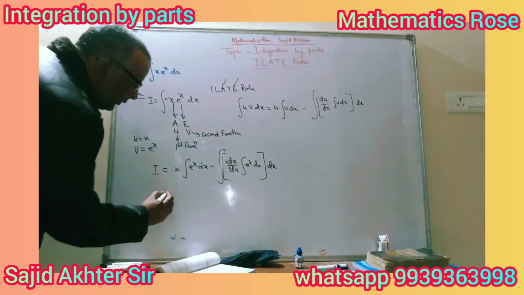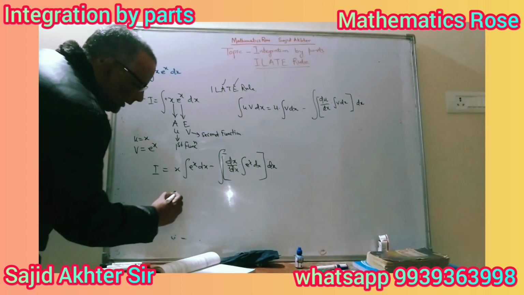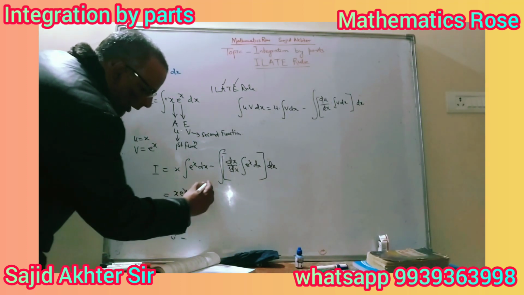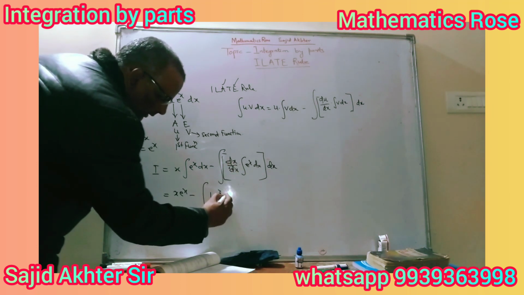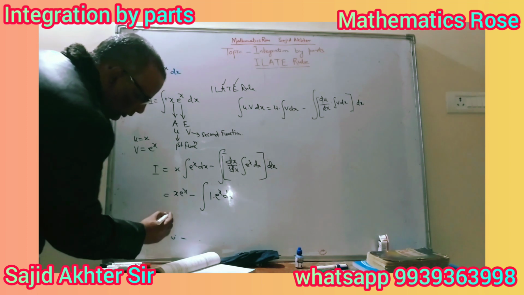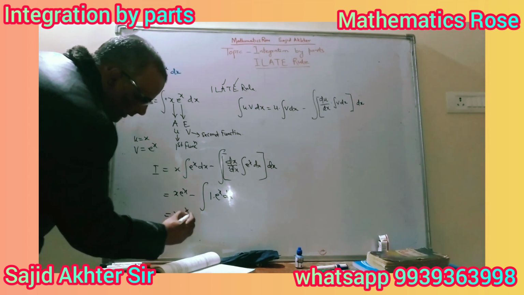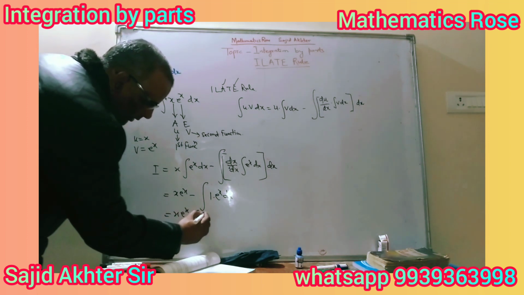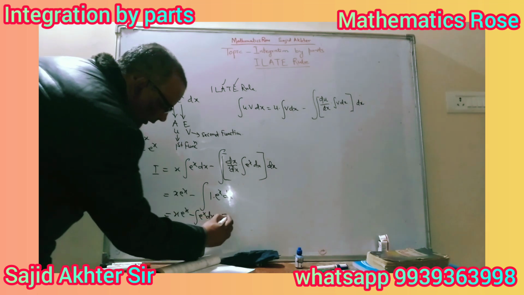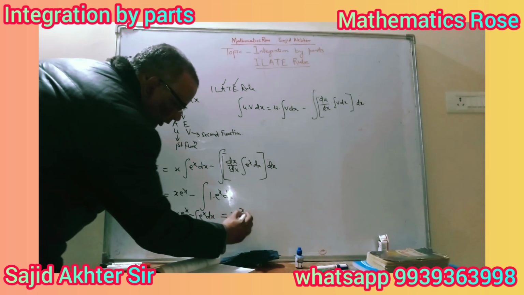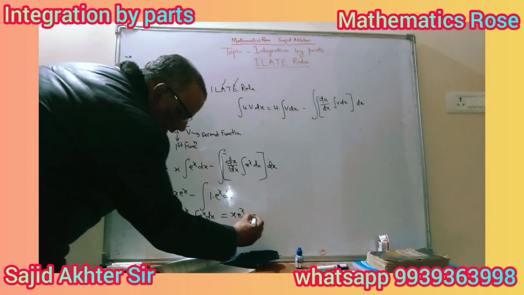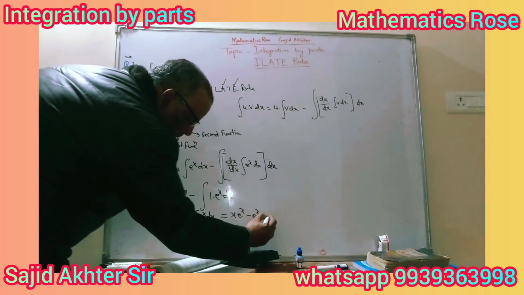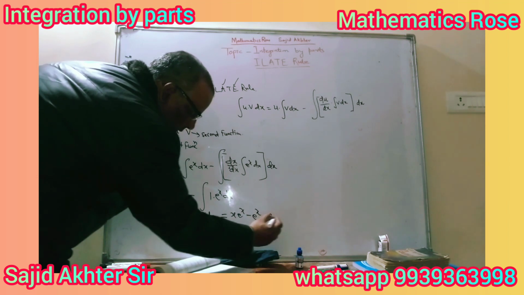The integration of e to the power x is e to the power x, and the differentiation of x is 1. So here x e to the power x minus the integration of e to the power x. So this is x e to the power x, and the integration of e to the power x again is e to the power x, plus c, the constant of integration.